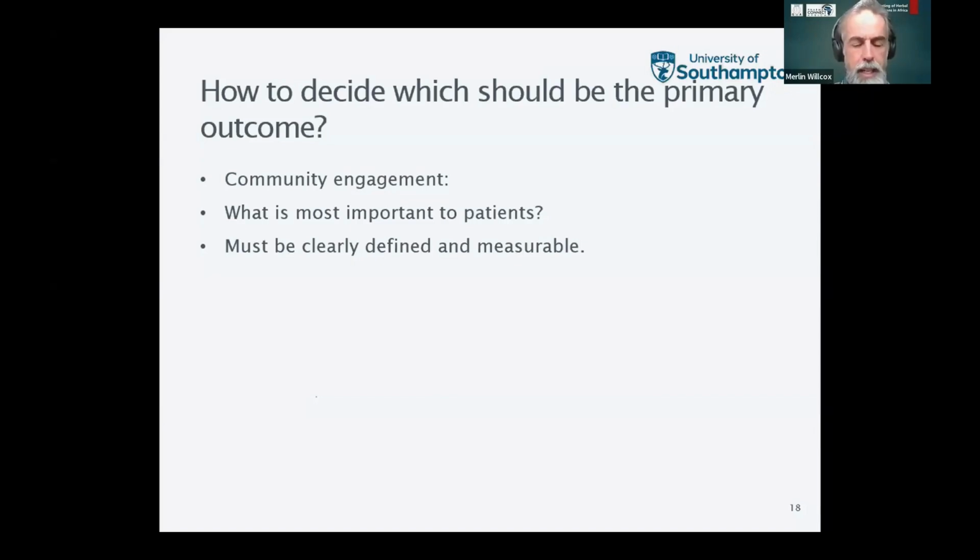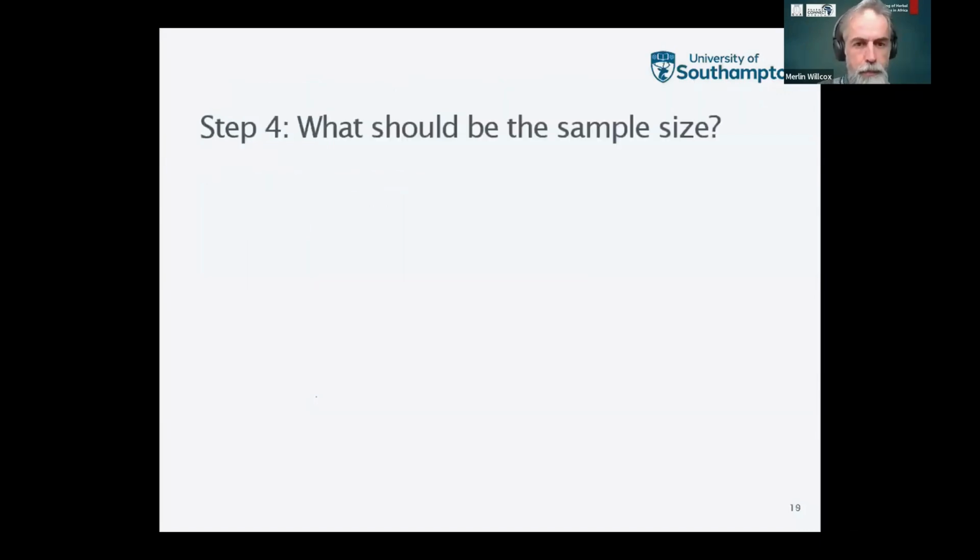It has to be clearly defined and measurable. And for global health funding now, certainly from the UK funders, they also require there to be some community engagement in the process of preparing the proposal and in defining, for example, what we choose as the primary outcome measures.